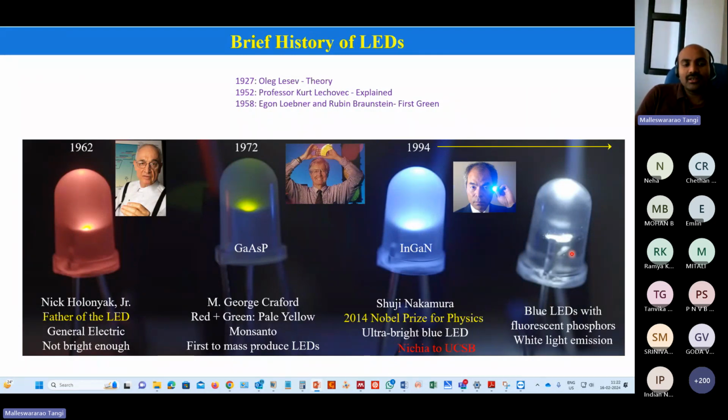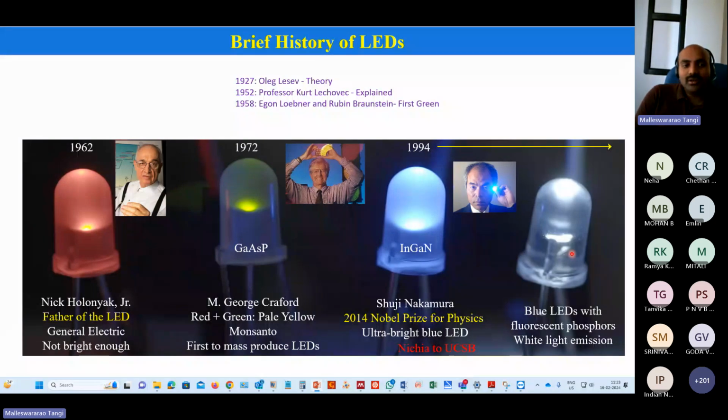He is called the father of the LED, however he could not get the Nobel Prize because of his low efficiency devices. Then Professor George Craford tried a similar system, gallium arsenide phosphide, and he could achieve both green and pale yellow light emission. So it took 10 years to get green, yellow and then red LED emissions.